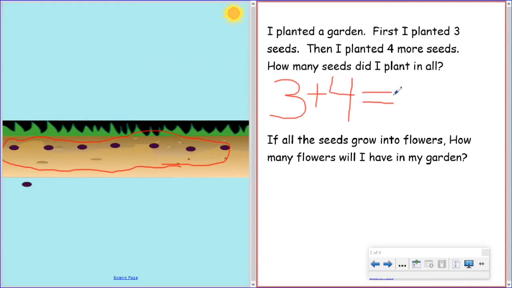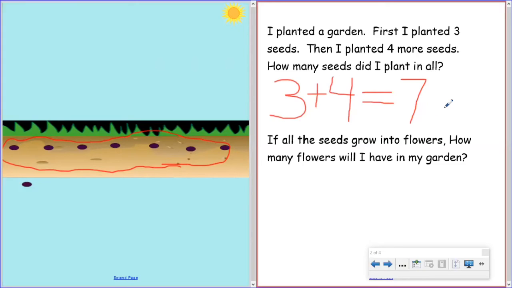Well, to find that answer, do you remember what we did? We joined the sets together, the set of 3 and the set of 4 together, and we found out how many seeds we had in all. Let's count it again. 1, 2, 3, 4, 5, 6, 7. So 3 plus 4 is equal to 7.